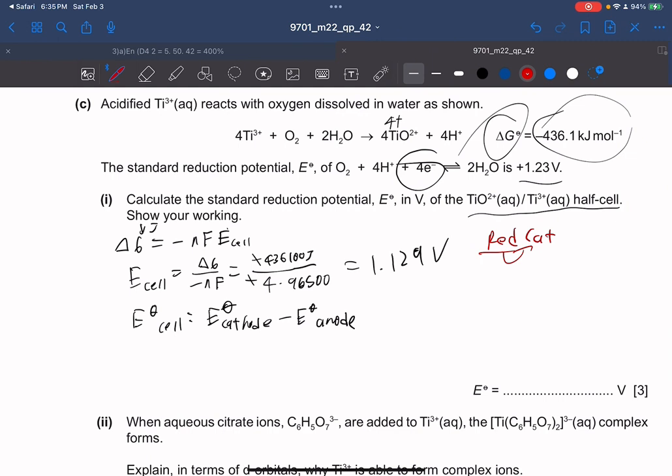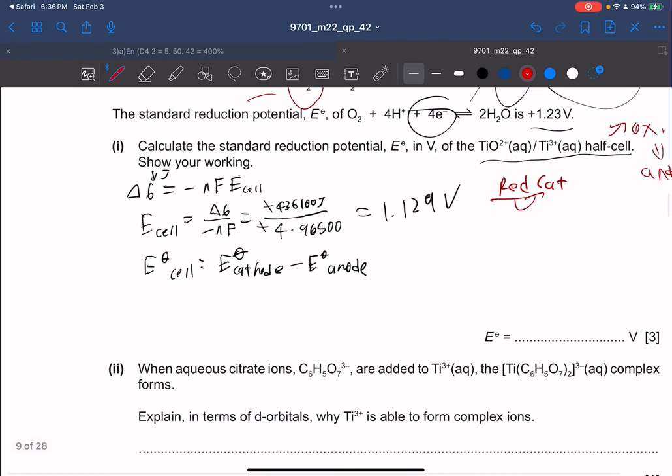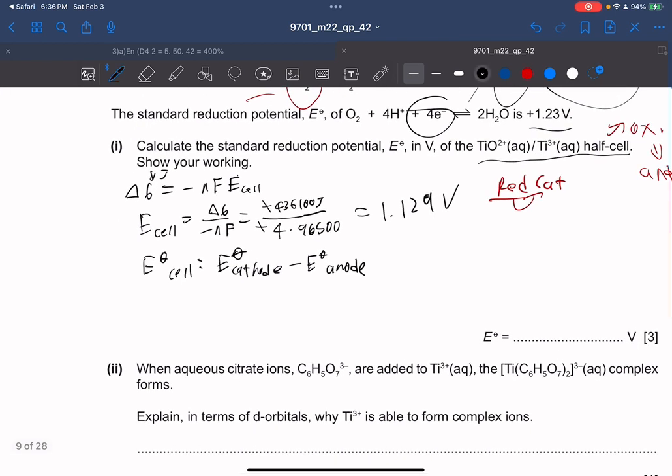But anyways, back to the question. You can see that O2 is on this side. And you can see here that Ti is going from 3 plus to 4 plus. So what that means is that Ti3 plus is being oxidized. So this half cell is the oxidation cell, which means it is the anode. Here we can do it algebraically.